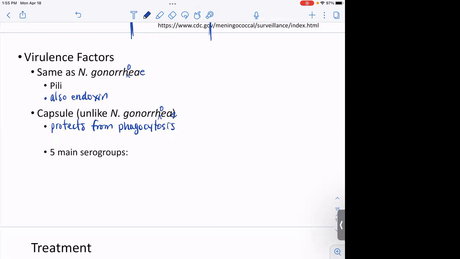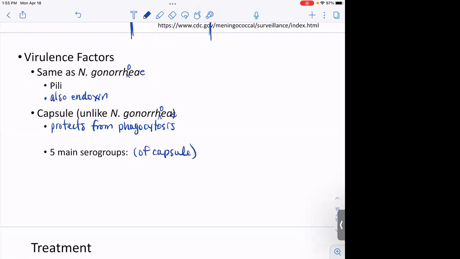There are many different variations of that capsule, so we split that organism into different serogroups, or variations of the capsule.